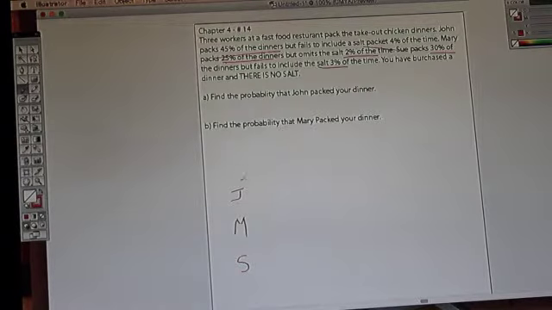So John's overall probability of packing dinners is 45%. So we'll put that up top on him. Then we'll give him 2 lines to start off our tree. The top line will be salt included. And then the bottom line is going to be no salt.